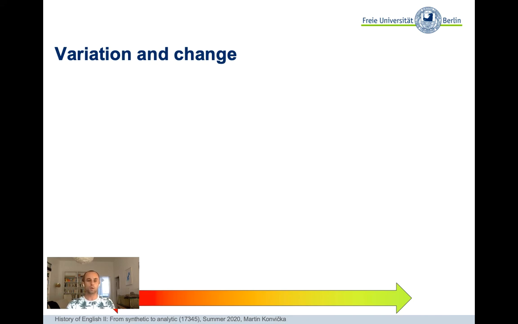But what we see here goes back to a huge topic that has been implicitly present in all of our discussions throughout the last 11 weeks, and that is variation and change, right? So in this case, we have at least two variants of the pronunciation of words, for example, street or stronger.